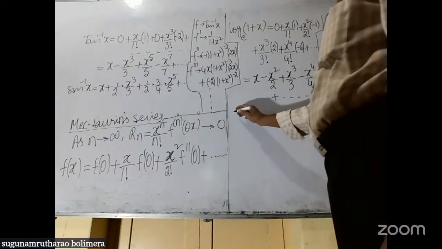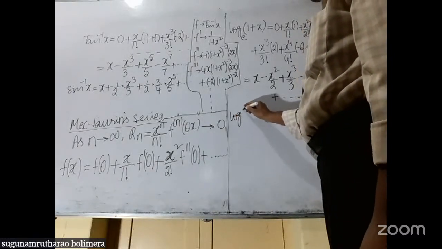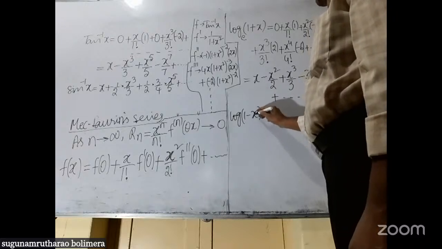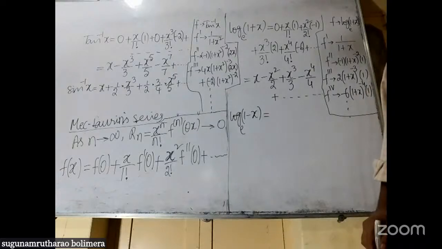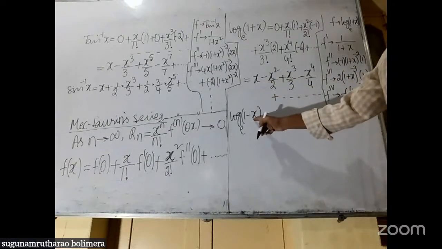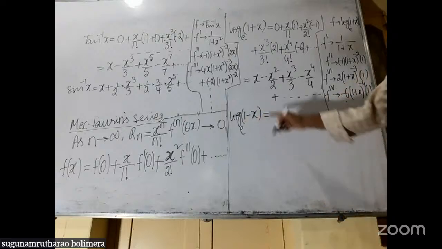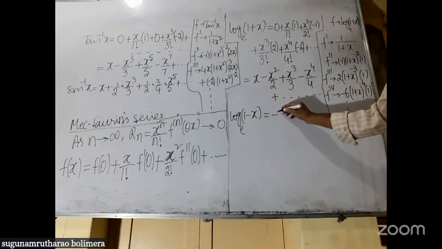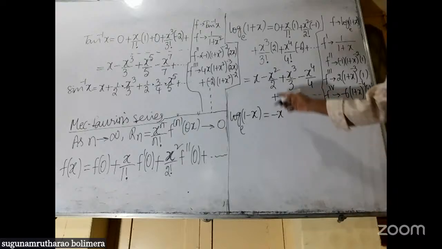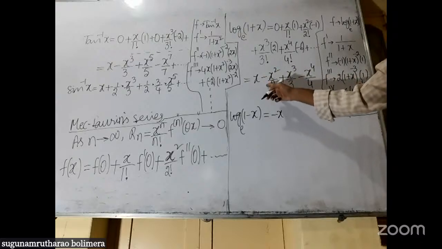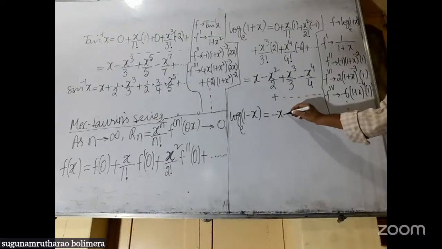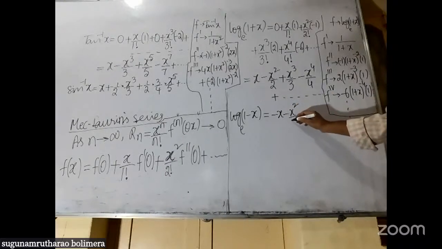Okay. Now log of 1 minus x to the base e. If you replace x by minus x, you are getting 1 minus x. Put x as minus x: this is minus x, and here minus x whole square, so that you are getting minus of minus x whole square, that will be minus x square by 2.